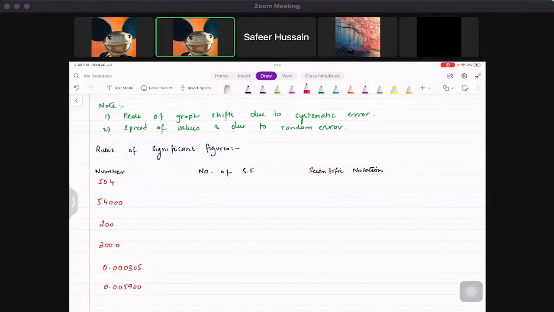Now what you guys need to understand is that if there is a non-zero number at the start and a non-zero number at the end, it means all of these will be significant. So in this number there are 3 significant figures.